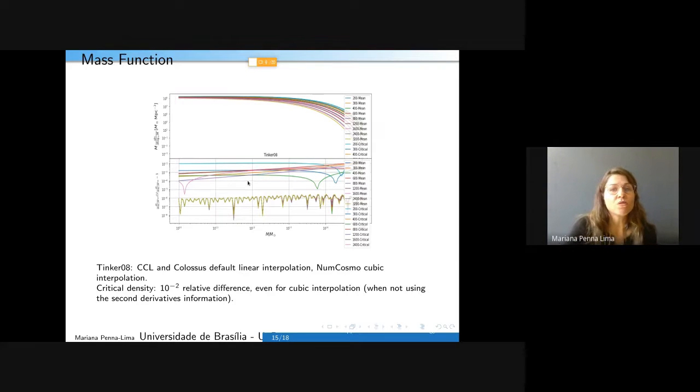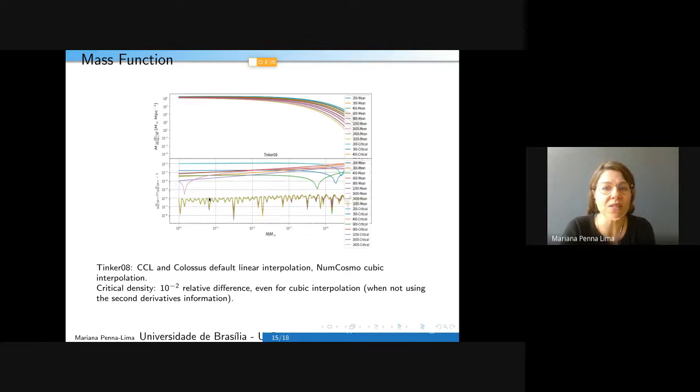But I would call your attention to the reasons, because Tinker 2008 is a multiplicity function that is largely used in the literature. And here we show the comparison between CCL and NumCosmo for Tinker 2008 when you use the mass definition given by the critical density.